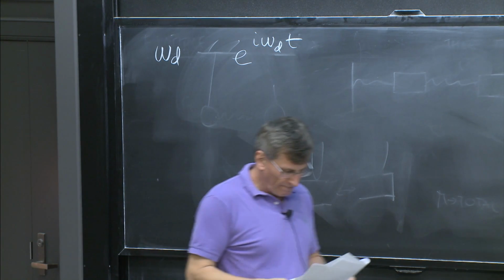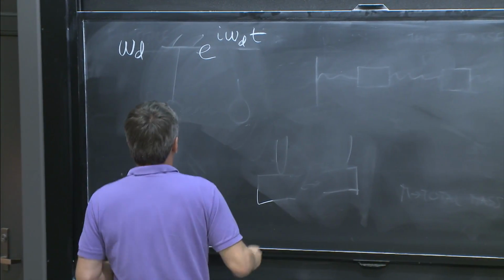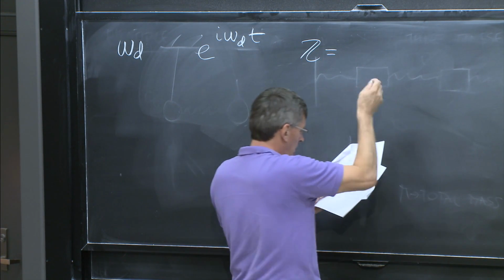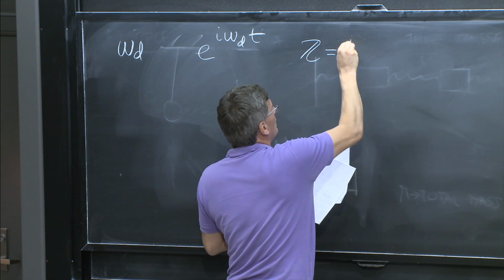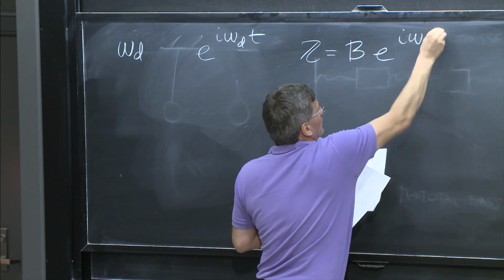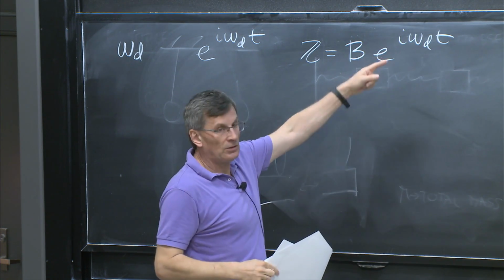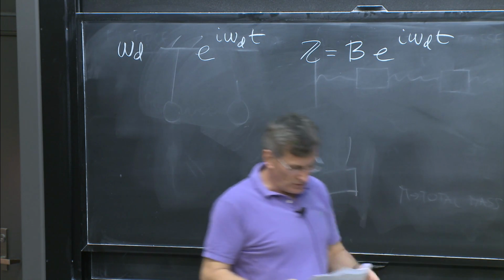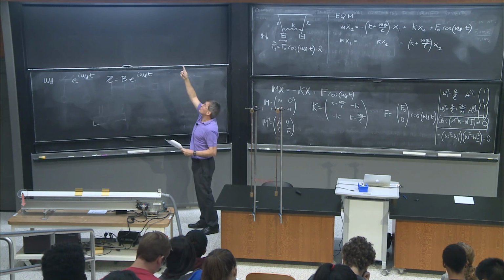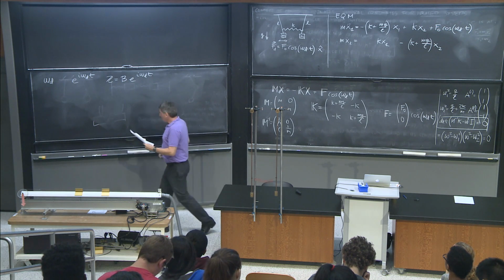So we can introduce a variable z, defined as b e to the i omega d t. This will be the oscillating term, and b will be the amplitude of oscillation, which we'll try to make real for simplicity. And then we plug this into the equation of motion, which is listed up there on the screen.